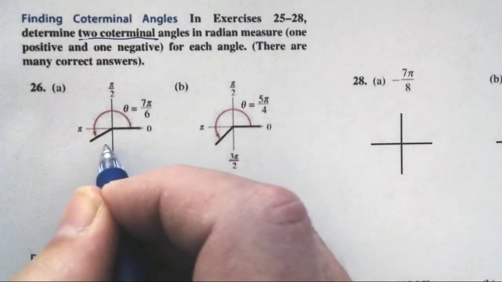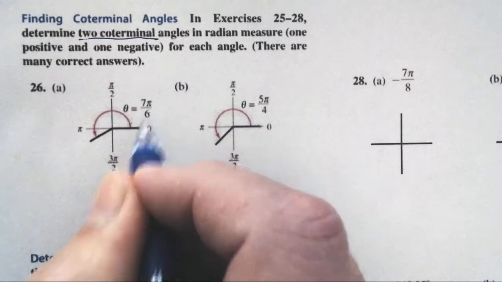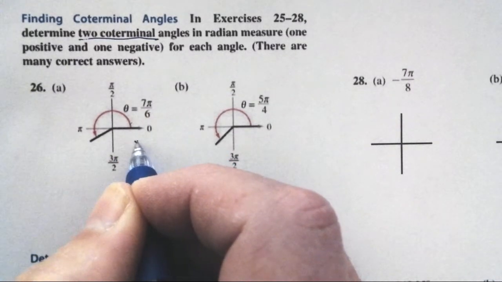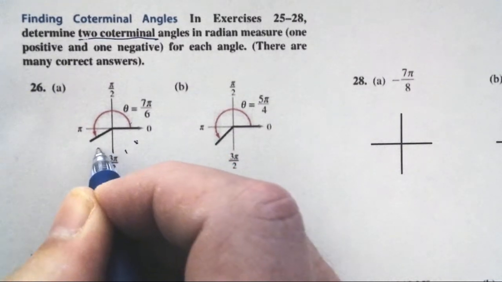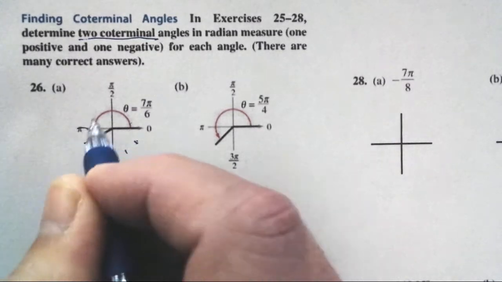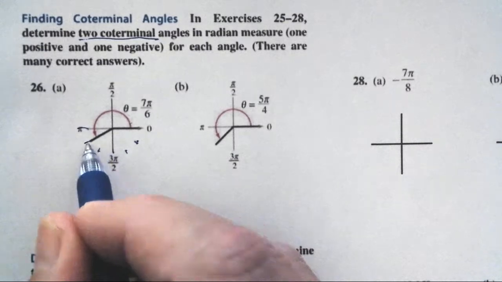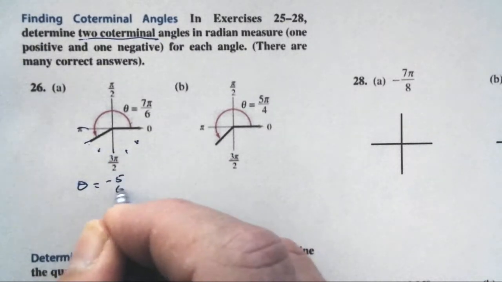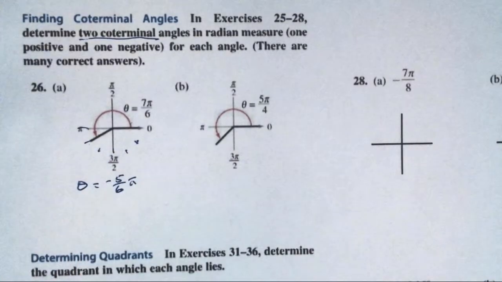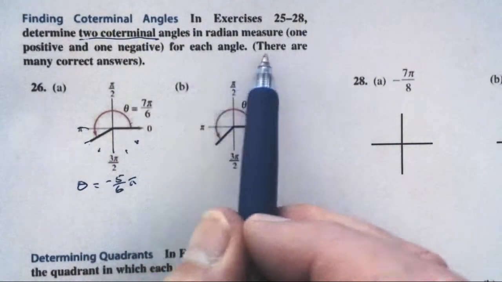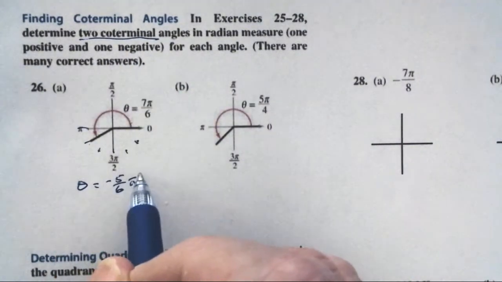I could go backwards by sixths. It would be 30 degrees, so 1/6, 2/6, 3/6, 4/6, 5/6, 6/6. So I could say theta is negative 1, 2, 3, 4, 5. That's the most obvious. And then for the others, we need 1 positive, 1 negative. I've got a negative.